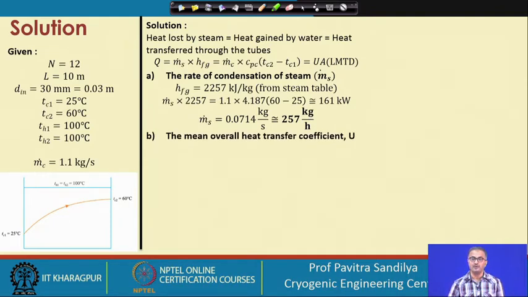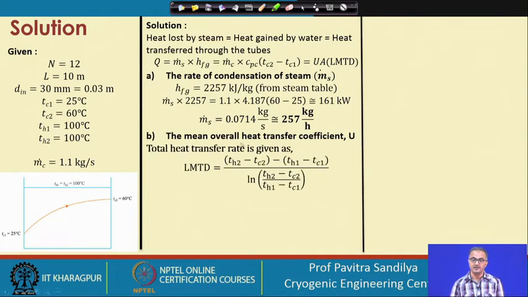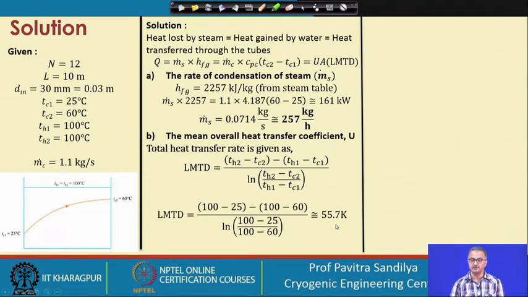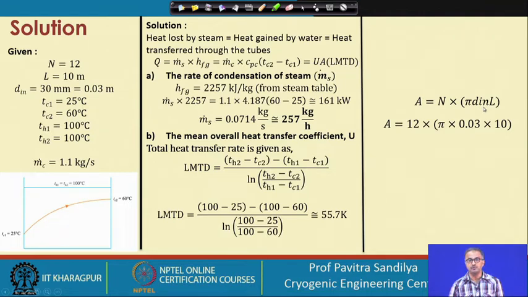Now, next we come to find out the overall heat transfer coefficient. For this, we first define the LMTD like this for this kind of flow, and then we find the LMTD coming out to be 55.7 K. Once we know this, we find the area, that is number of tubes times pi times the inner diameter, this "i" should be a subscript, and the length of the tube, so pi d l.